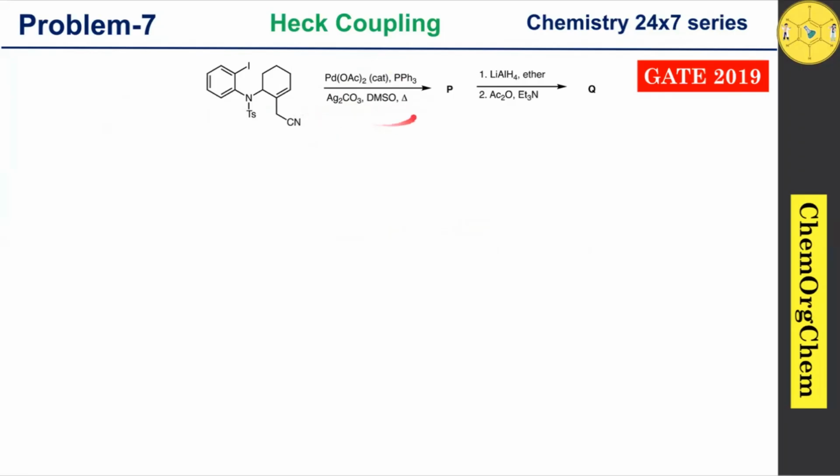As per the Heck cross coupling reaction, the first step of the reaction is the generation of the active palladium catalyst. The active palladium catalyst for this reaction is palladium zero. Initially, palladium acetate and triphenyl phosphine, which acts as a ligand, react together to form this complex, followed by ligand dissociation, which produces palladium zero.